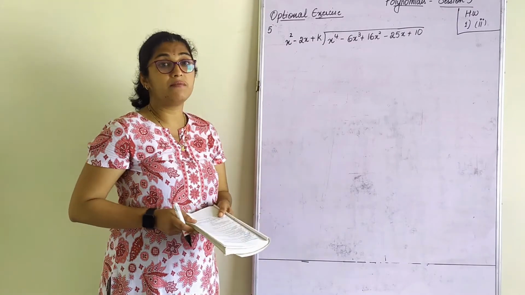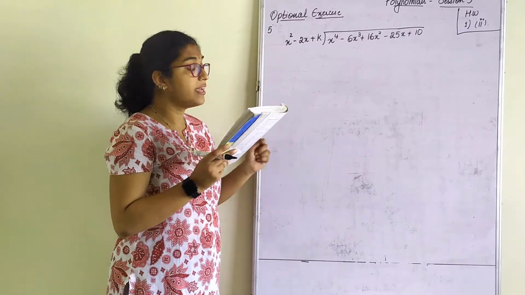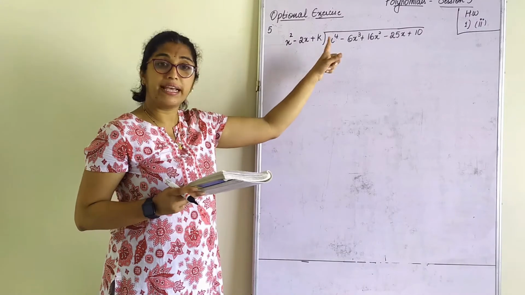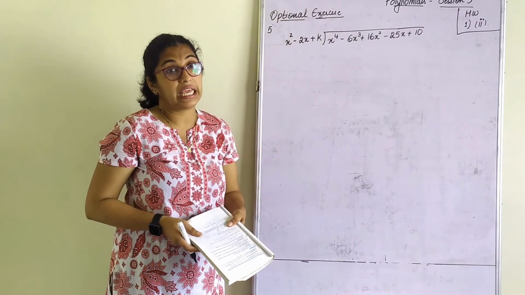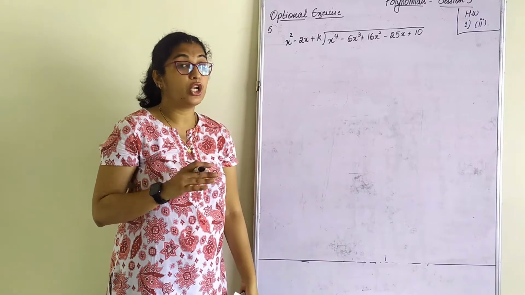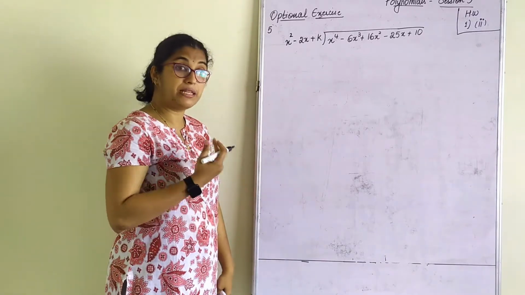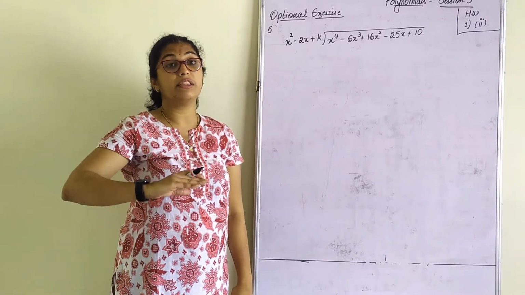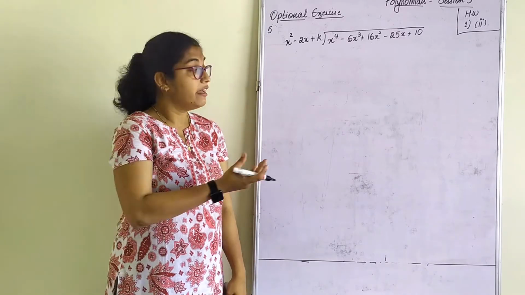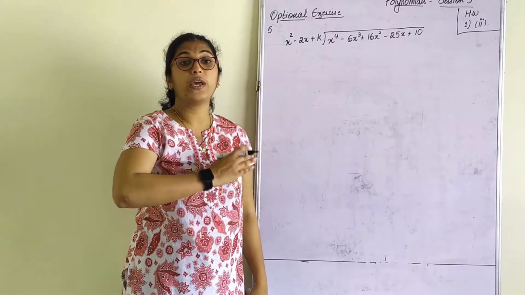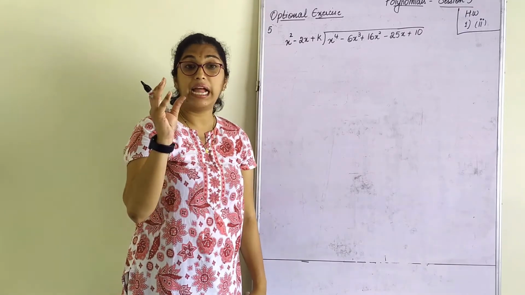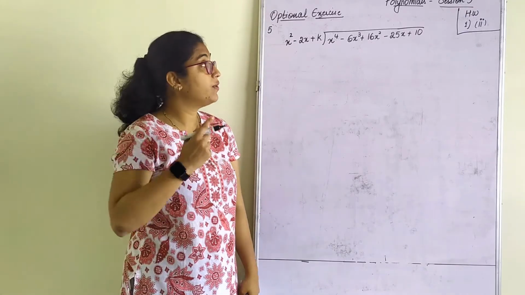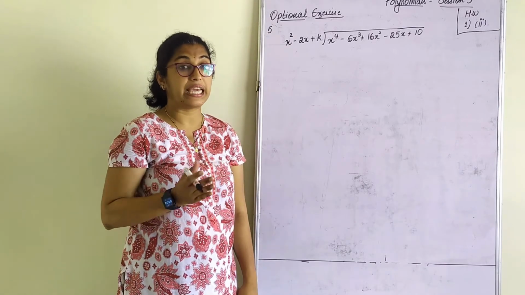Now the remainder comes out to be x plus a, but how will the remainder come out exactly as that? It will not. Whatever remainder we get, we have to compare that with x plus a, where x is a variable and a is a constant. With that, you have to find the values of k and a.